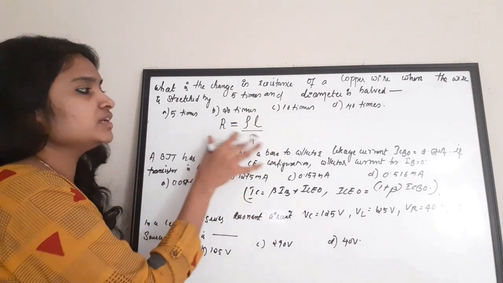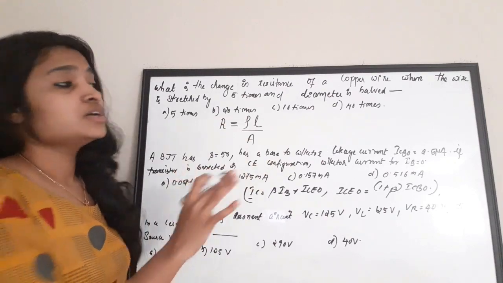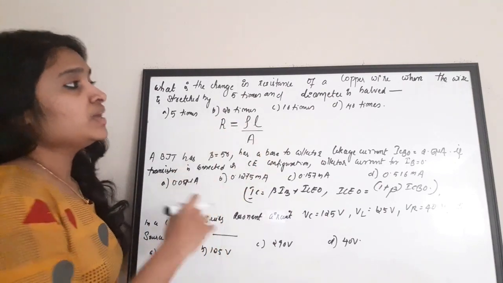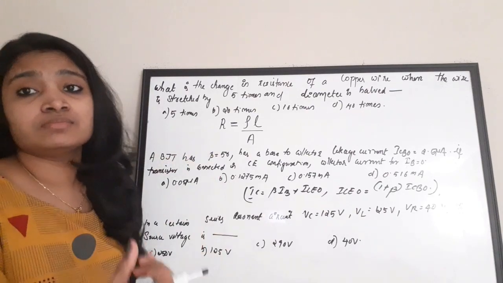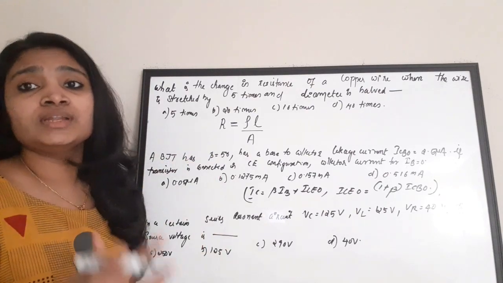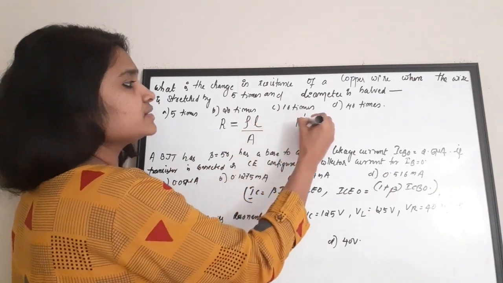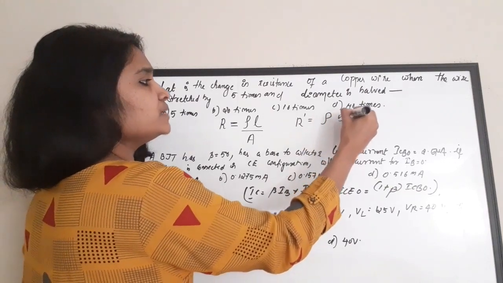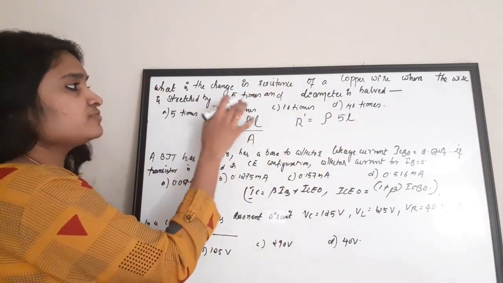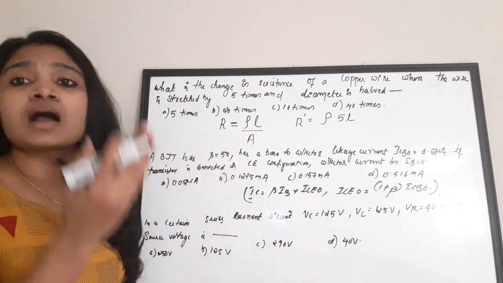We have already used this equation in the beginning of this video itself. So R is equal to rho into L by A. Here it is said that the copper wire is stretched by 5 times, meaning the length is increasing 5 times. So R dash is equal to rho, which is the same, into 5L, because we have stretched it 5 times, and the diameter is halved.